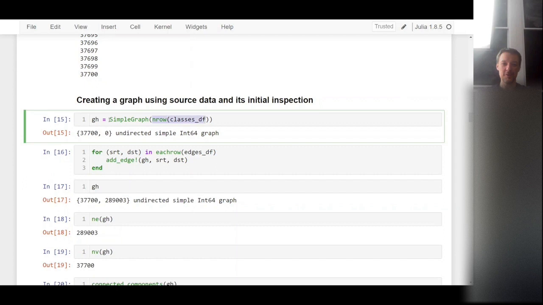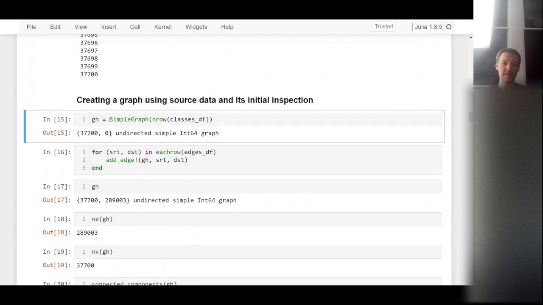And what we need to pass to this graph is how many nodes I want to have, and the number of nodes is the number of rows in our classes data frame. So just simply the number of developers.